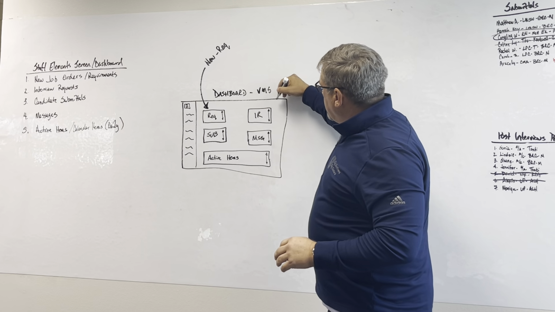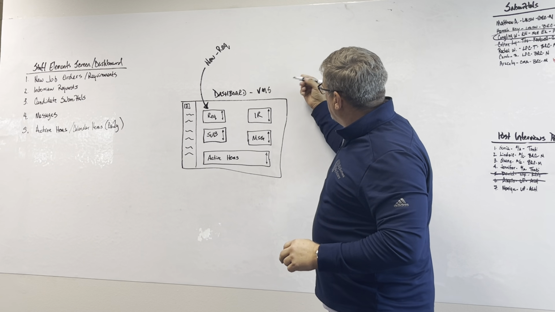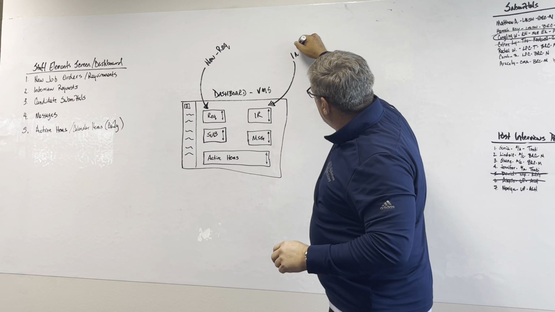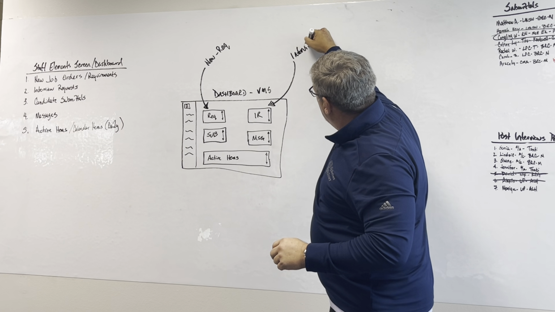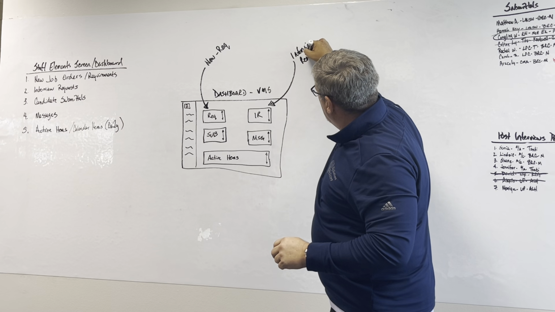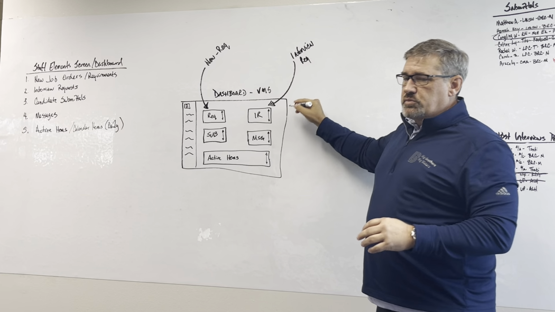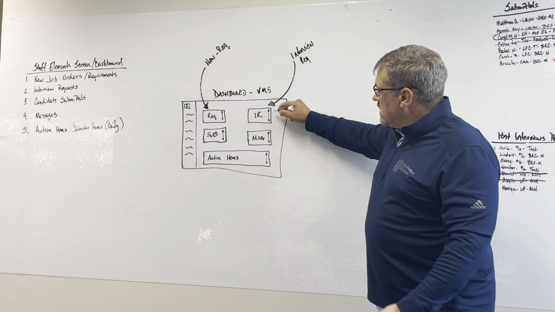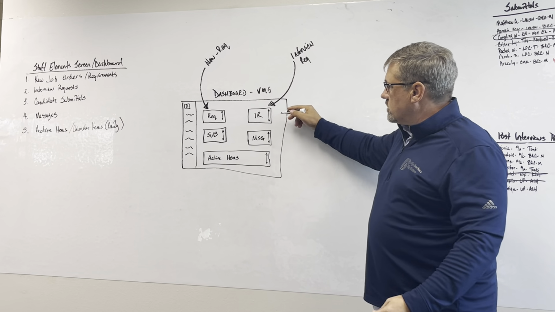The next section here is interview requests. This box is going to highlight any new interviews that have come through. As you can see, these all have little scroll wheels inside of them.